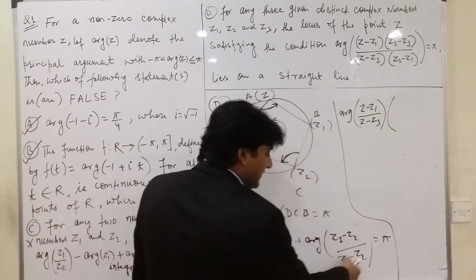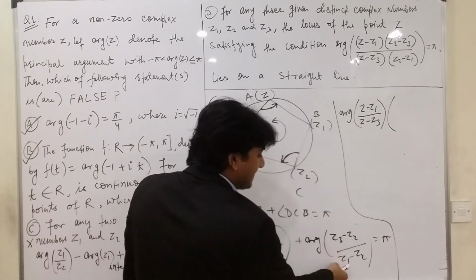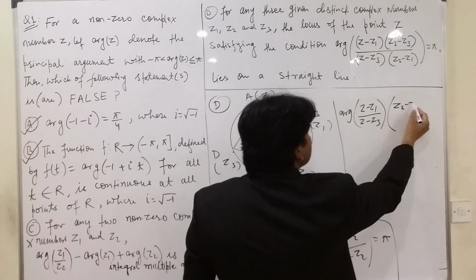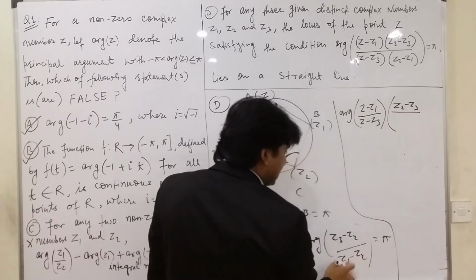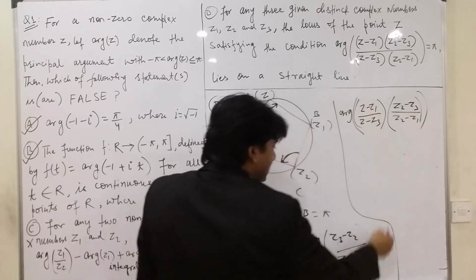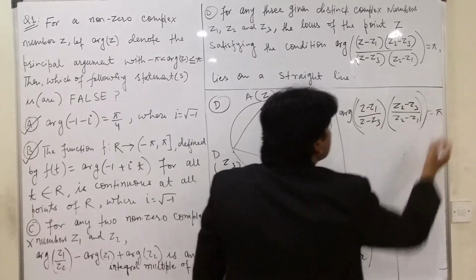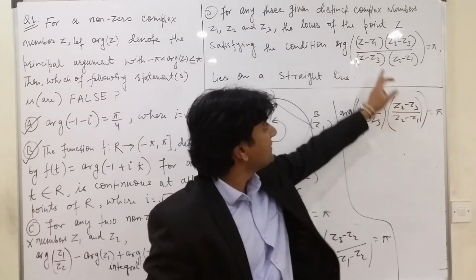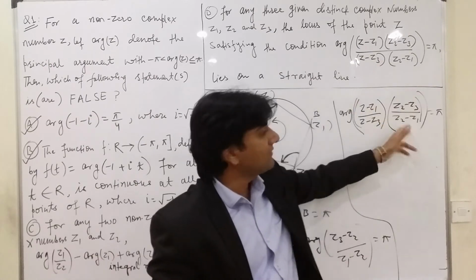Same for z1 minus z2, I will take minus common, z2 minus z1. The minus will cancel. So this is z2 minus z3 over z2 minus z1, and this side is pi. So I got the same result: argument of (z minus z1)(z2 minus z3) over (z minus z3)(z2 minus z1) equals pi.